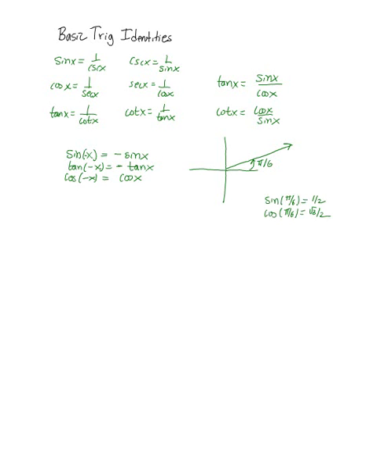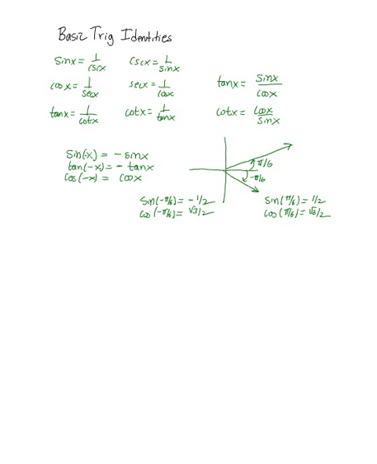Now, what happens if I take this angle, which is negative pi over 6? Then notice what happens. Sine of negative pi over 6, that's in quadrant 4. In quadrant 4, sine is negative, so I get negative 1/2. On the other hand, cosine of negative pi over 6 is in quadrant 4. In quadrant 4, cosine is positive.